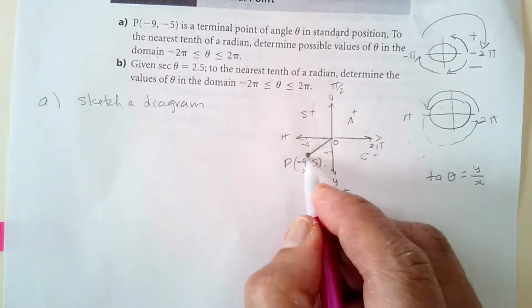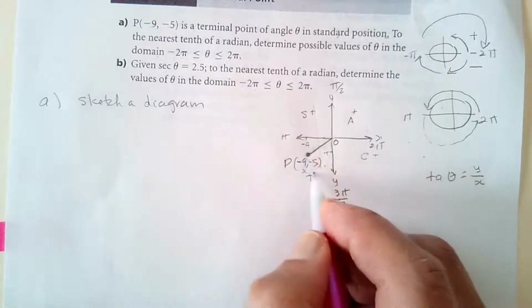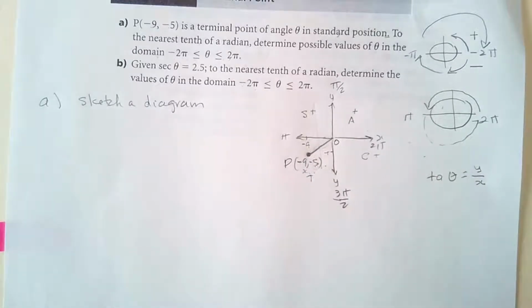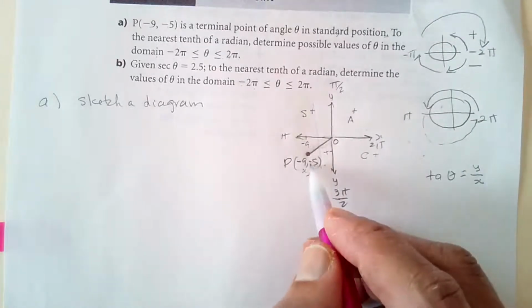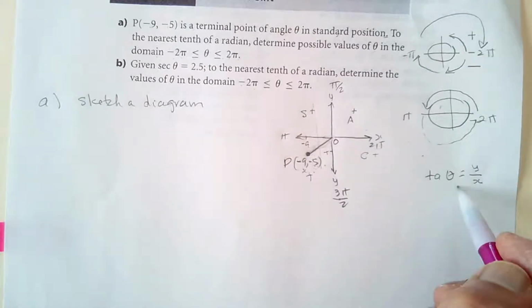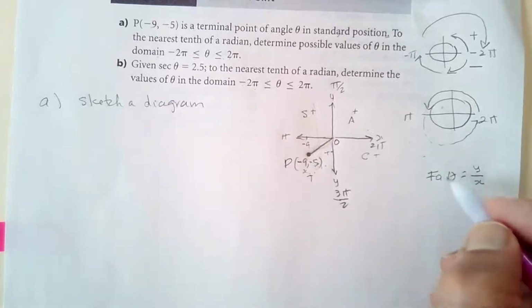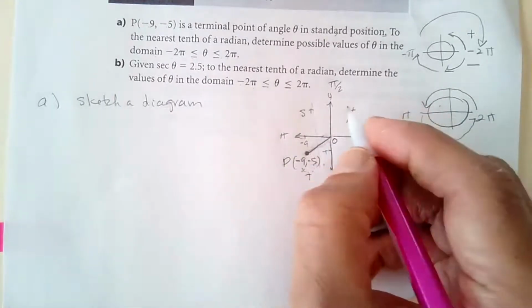So right away, we can find the reference angle by using the tan of this, because you're using what's given. You don't need to find the r value because we can use tangent to find theta.